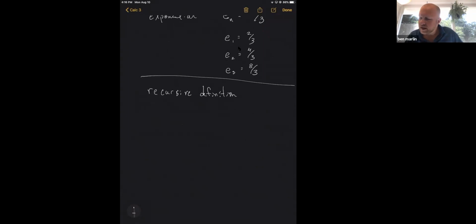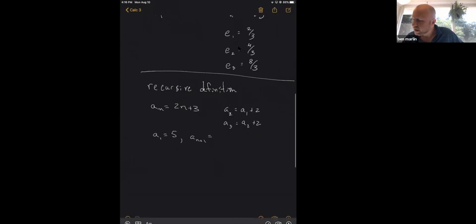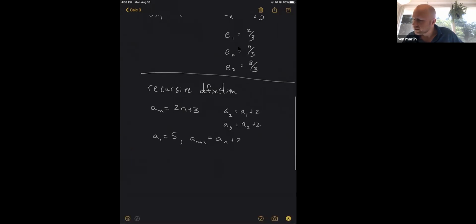If you notice that a sub n that we had, 2n plus 3, a sub 2 is a sub 1 plus 2, and a sub 3 is a sub 2 plus 2. Well, in fact, we could have just defined that whole thing by saying, I want a sub 1 to be 5, and for a sub n plus 1, each time you add 1 to the n, to be equal to a sub n plus 2.